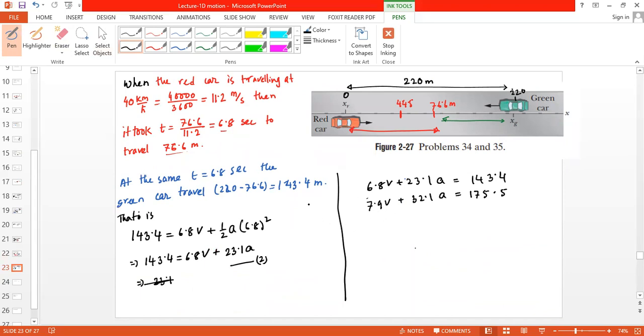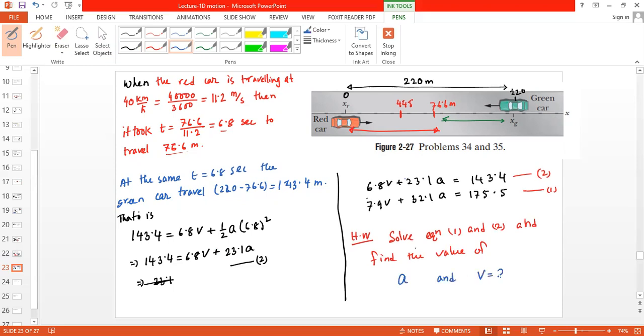Let me keep it as homework. Solve equations 1 and 2 and find the value of a and u.